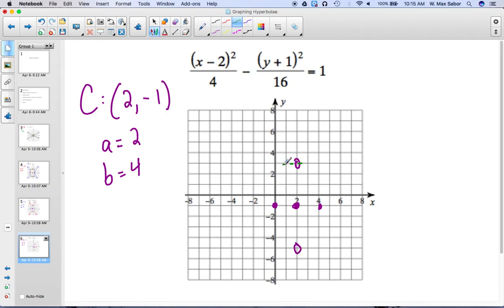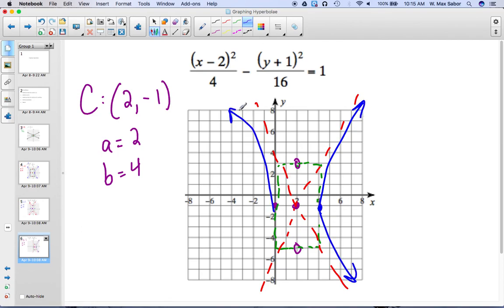Draw our box to guide us for our asymptotes. And now we can use this and our asymptotes to get our hyperbola. There we go.